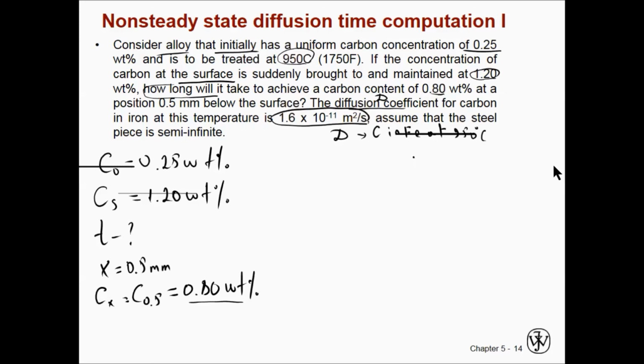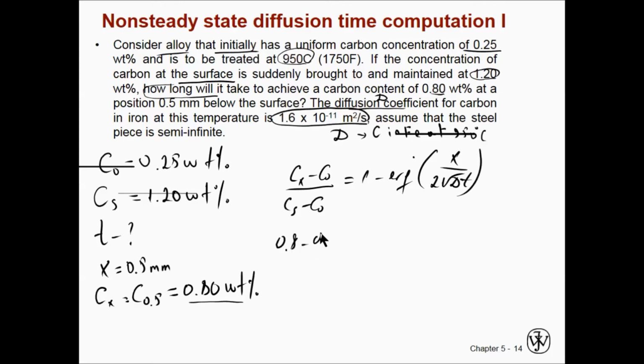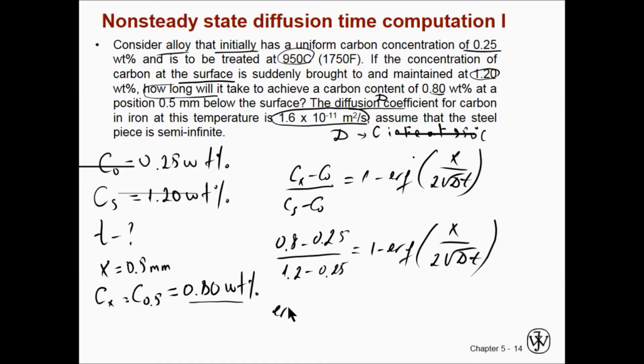So our equation was this: Cx minus C0 over this equals, if I just replace values, 0.8 minus 0.25 over, and the error function will be equal.